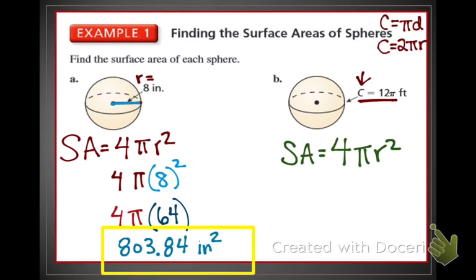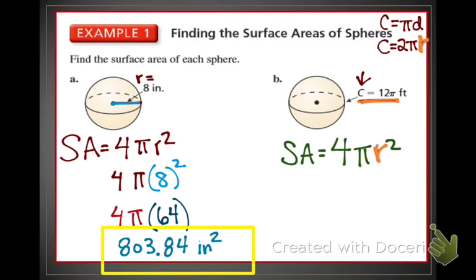So if you look at these two formulas, as in the surface area and the circumference formulas, you're going to find that one thing is in common, and it is the radius. So if we're given the circumference formula, we could find the radius to plug it in to our surface area formula.